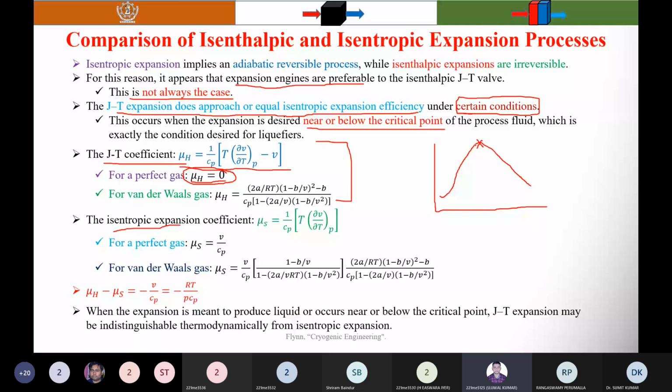So if the temperature is near or below the critical point of the process fluid, which is exactly the condition desired for the liquefier.